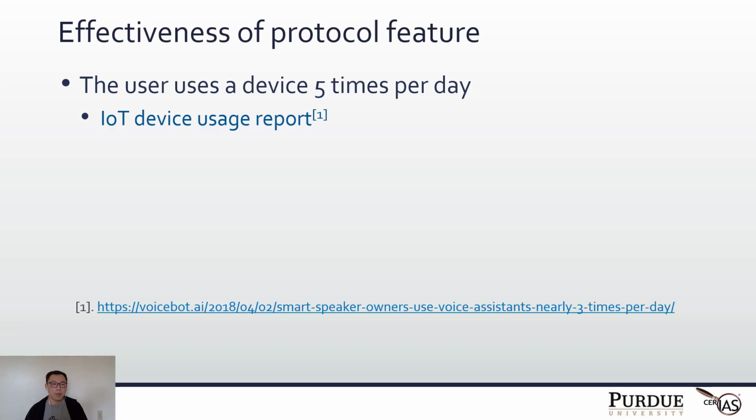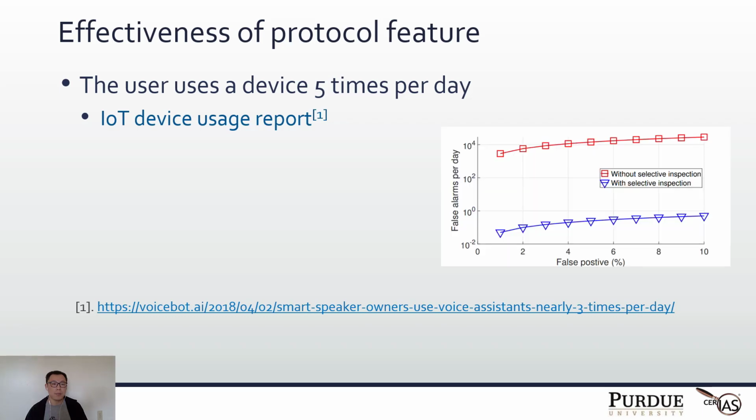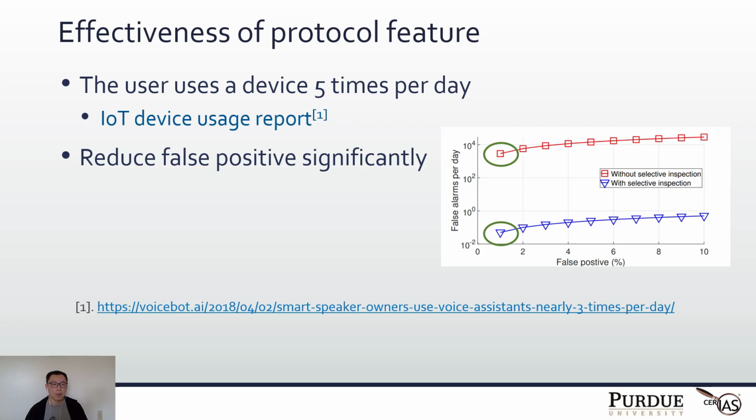We assume the user uses a device 5 times per day, which is already a heavy usage scenario according to the IoT device usage report. As we can see from the figure, even though the false positive rate is as low as 1%, there would be thousands of false positives if we keep monitoring the physical feature continuously. Otherwise, with the help of the protocol feature, there is less than 1 false positive per day.